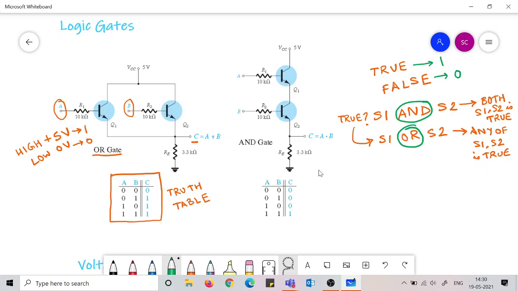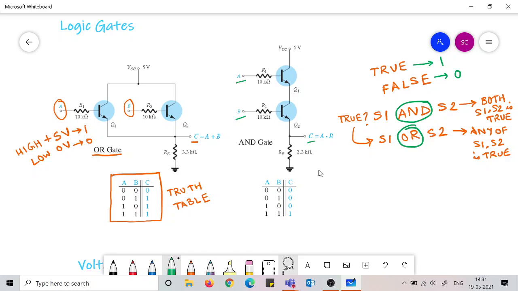And when that is on, only then does this 5 volt reach this output C. So when both A and B have a high input signal, only then can this 5 volt reach C. Only then C also has a high signal at the output.